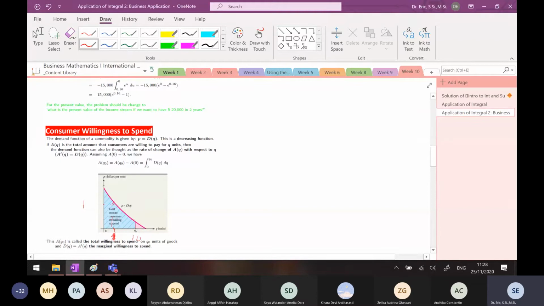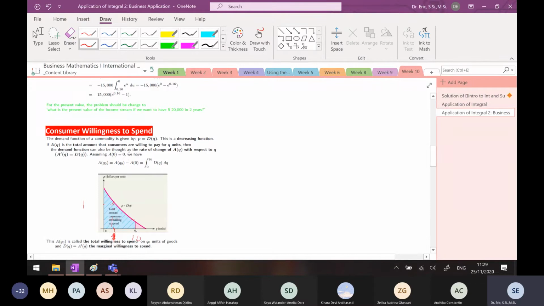So the demand function will give you a decreasing function, while the supply function will give you an increasing function. You already know this from chapter 1. The total amount that consumers are willing to pay for Q units. Then the demand function can also be thought of as a rate of change.